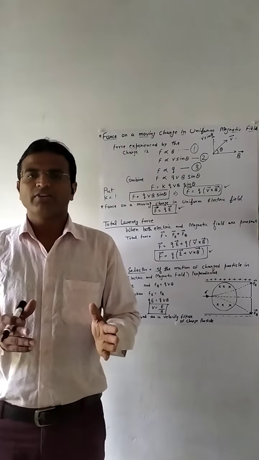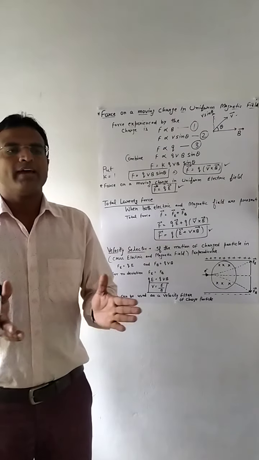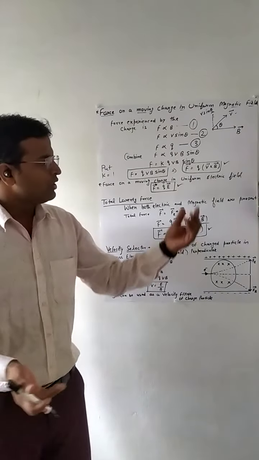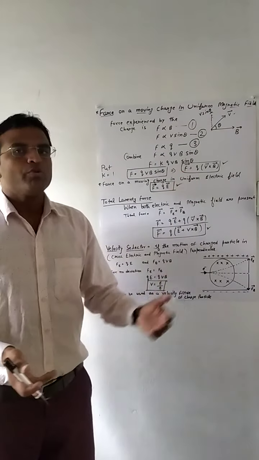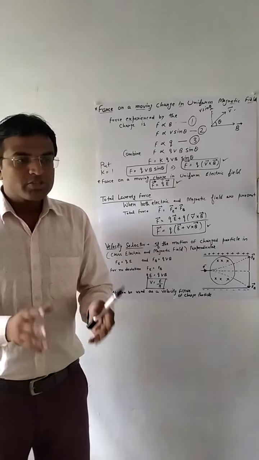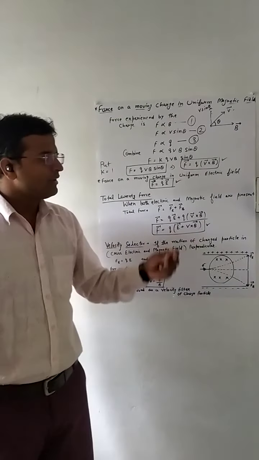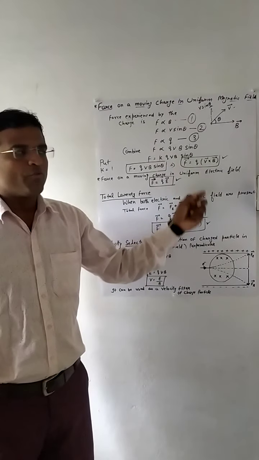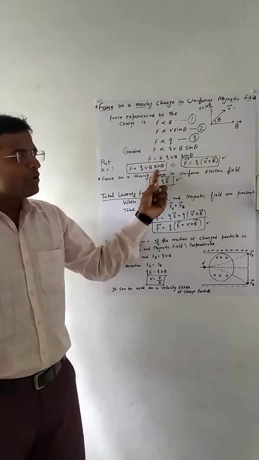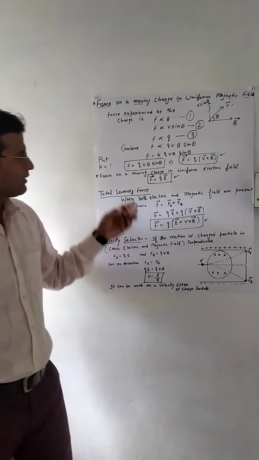Sin 0 and sin 180 equal 0, so force equals 0. When a charged particle moves perpendicular to the direction of magnetic field, force is maximum. Why? Sin 90 equals 1 and the value of force equals QVB.